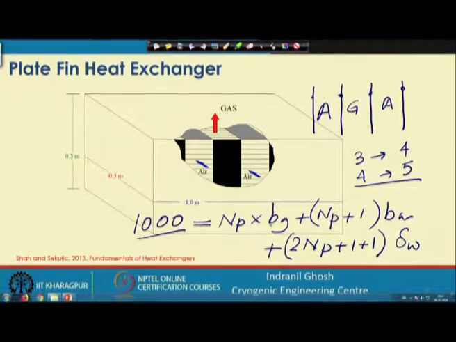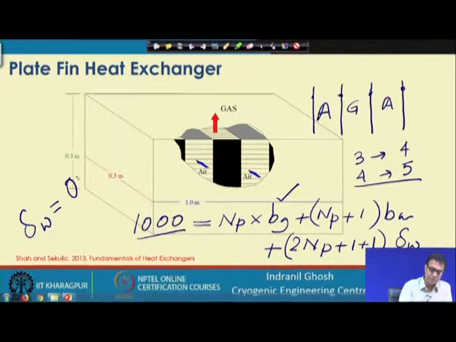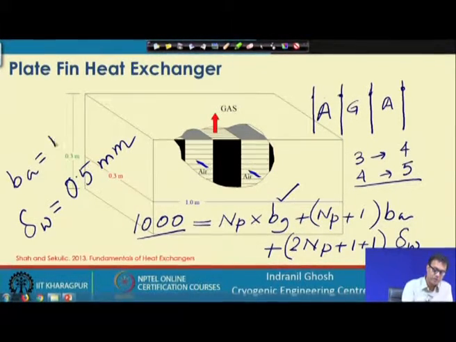So, here this B g is given in how much? It is given as the plate thickness delta W equals 0.5 mm, and then we have B a equals B g, the fin height, that is equal to 2.49 millimeter.